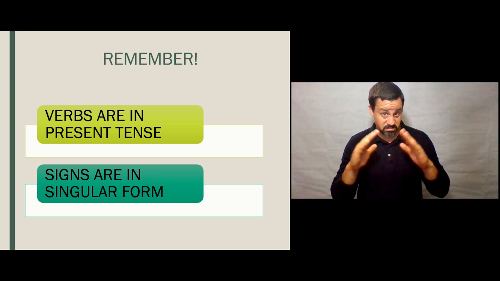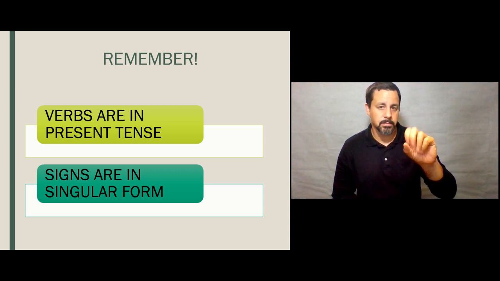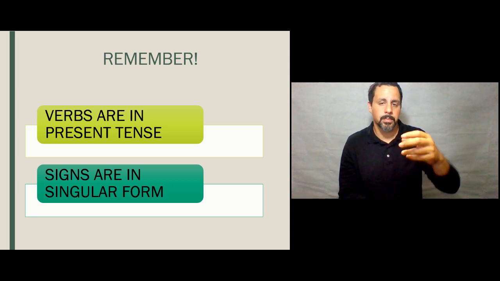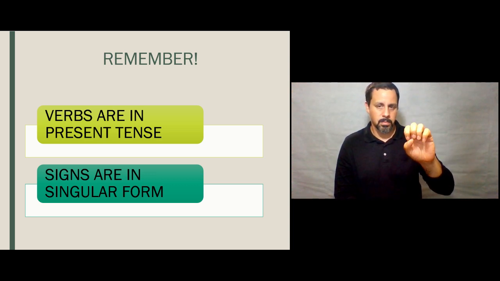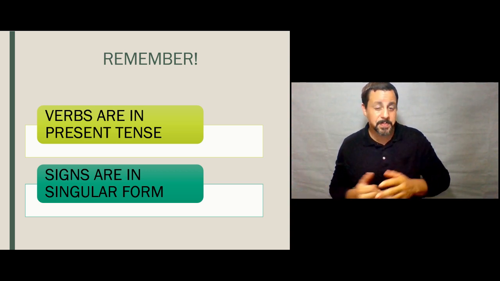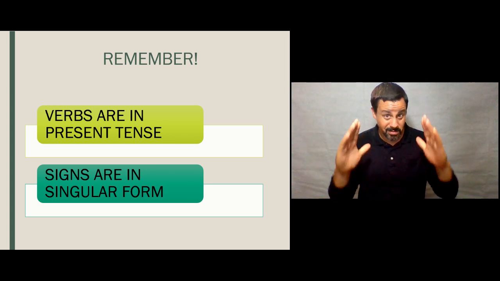So to give you an example, house is singular. If I wanted to make it plural, I would say houses. You see? You add an S or an ES. For this one, we added an ES.